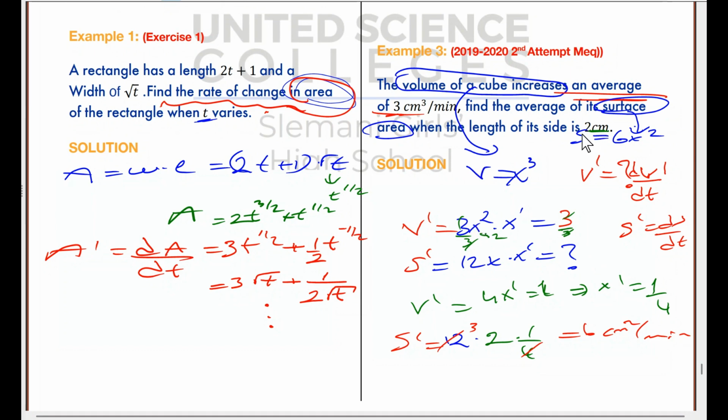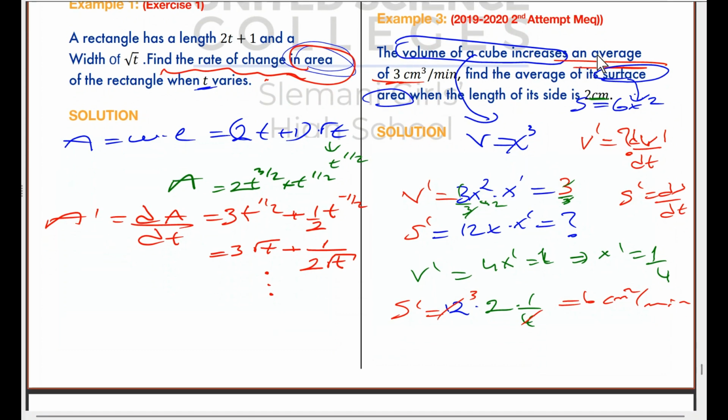And we are also given the side length. We substitute the side length in the volume formula. We get only one unknown. We simplified, isolated the unknown. We got 1 over 4. So in the missing one, we substitute 1 over 4 back along with the given x. So we got our answer.